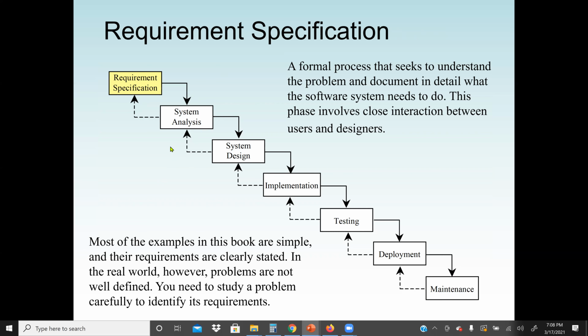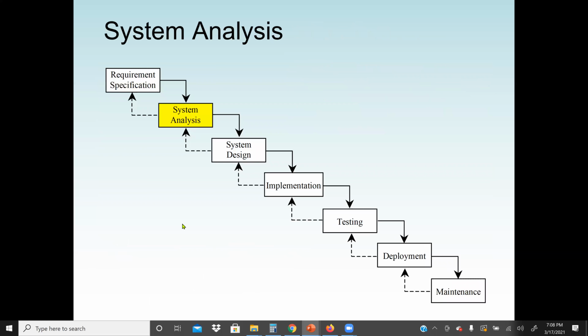So the next step, again, is the system analysis. For example, in most of the examples in our lectures, the requirements are stated clearly. But in the real world, problems are not well defined. In this course, Java programming language, most of the programs we are going to write will be very simple, not too complex.